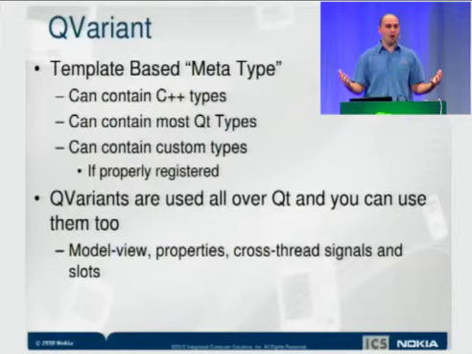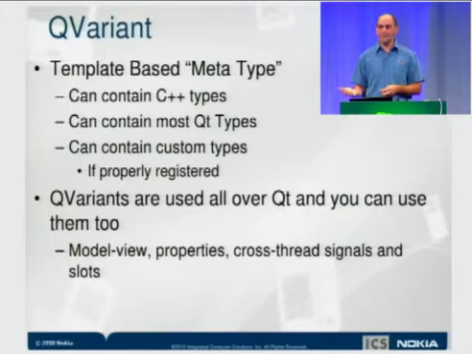Out of the box, all of the C++ primitive types are compatible with QVariant. Most Qt data types also are compatible, such as QRect, QPixmap, QString, and so on. You can also use your own custom types.